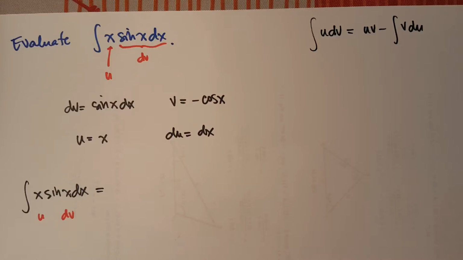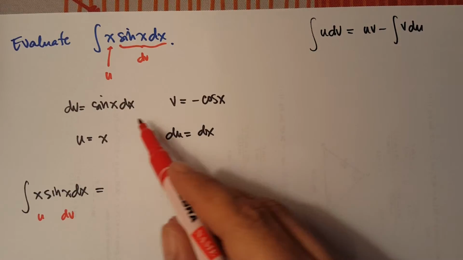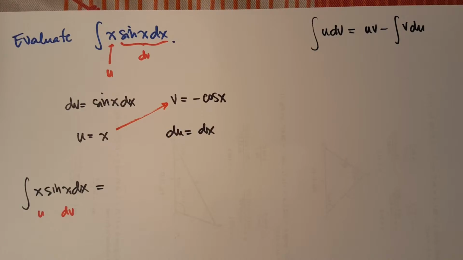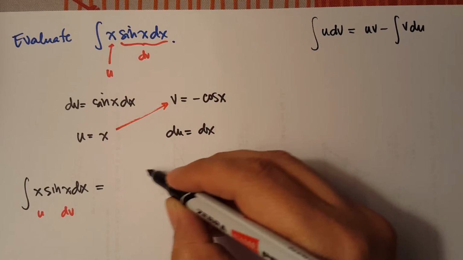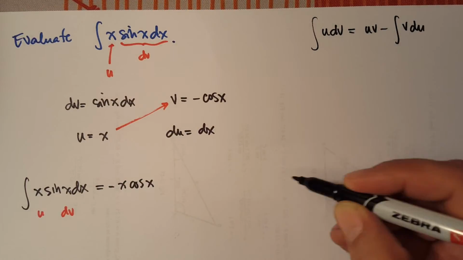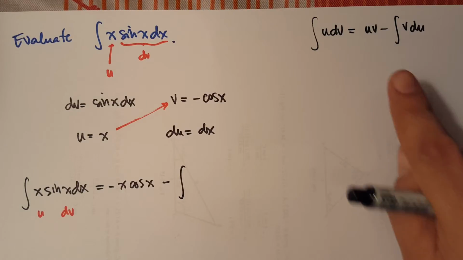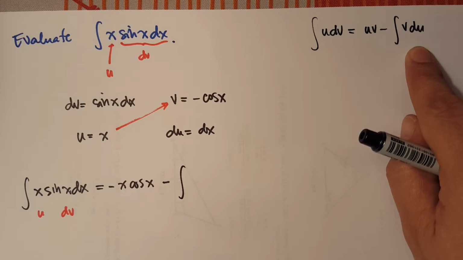Our pattern: we now have our u dv, so we need our u times v. So we just follow this direction here. We have x times negative cosine x, don't forget the negative sign, minus the integral of v du.